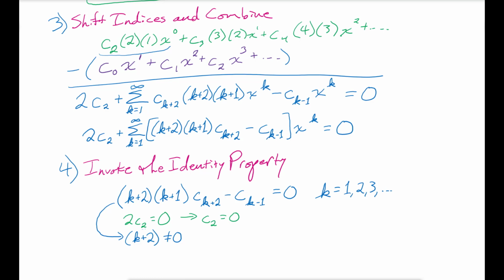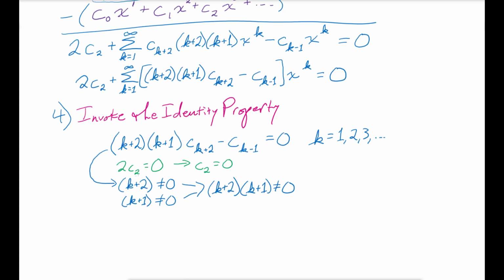Also, if I put in values of k greater than or equal to 1, k plus 1 is also not equal to 0. So I know that the quantity k plus 2 times the quantity k plus 1 is not going to equal 0, combining those two. So since I know that k plus 2 times k plus 1 is not equal to 0, that means it's fair game to divide by it, which means I can solve for c sub k plus 2.